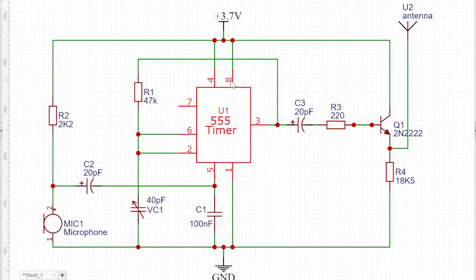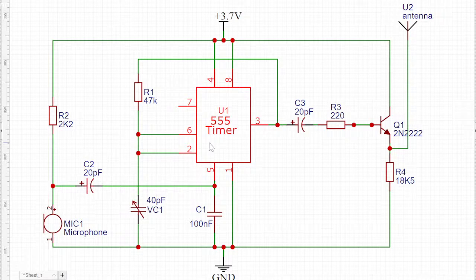So how you bias this is, as there is variation in the signal coming into the control voltage, which is pin 5, that variation will change the amplitude of your signal, and that change in the amplitude will modulate. Remember, AM means amplitude modulation.